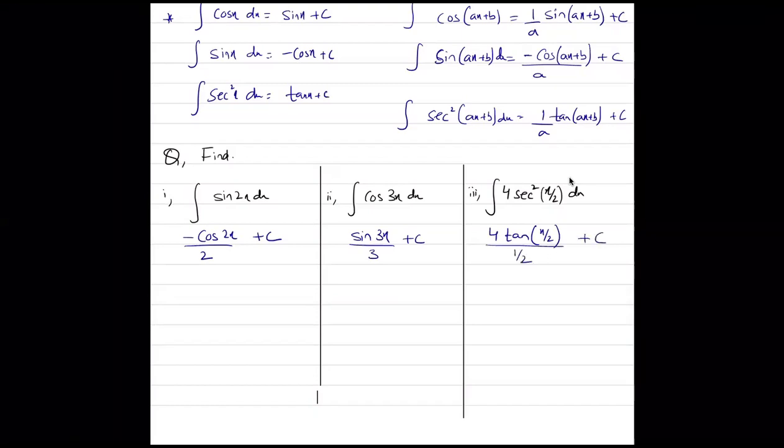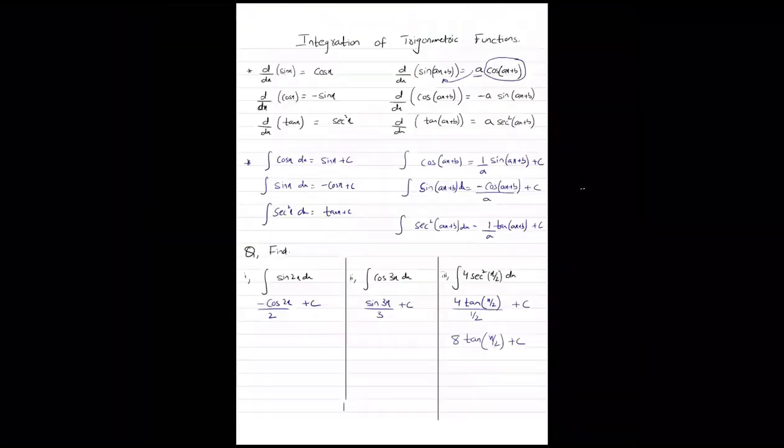You divide by the differentiation of the angle. So 4 upon a half is going to be 8 tan x by 2 plus c. Correct? Yes. Okay. Anything that you want to note down from this slide, or you can take a screenshot?